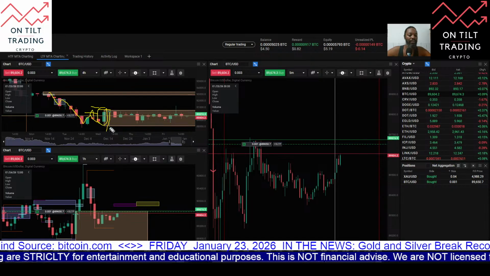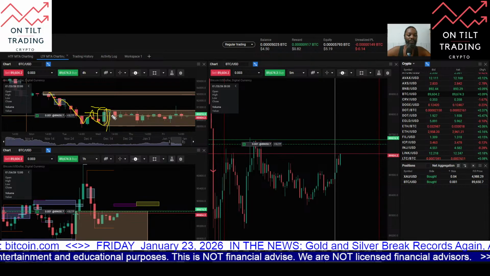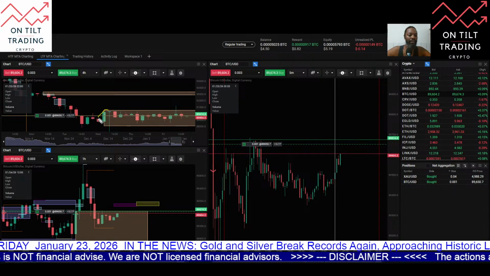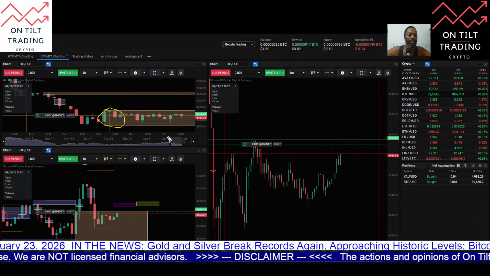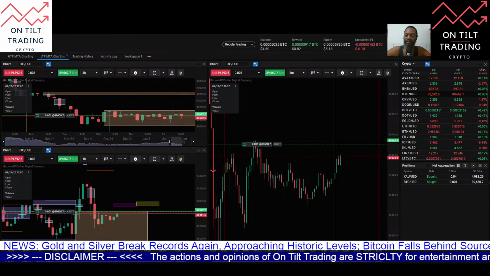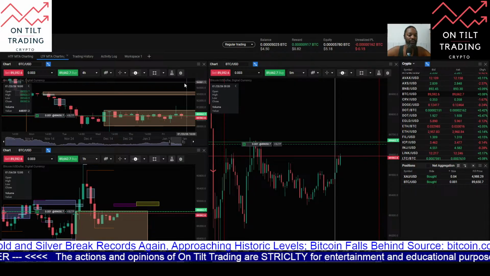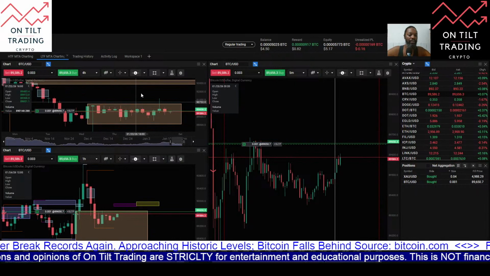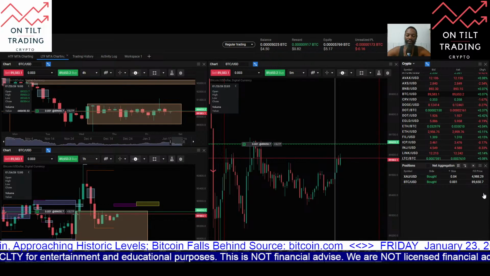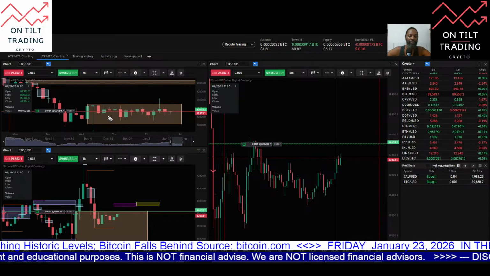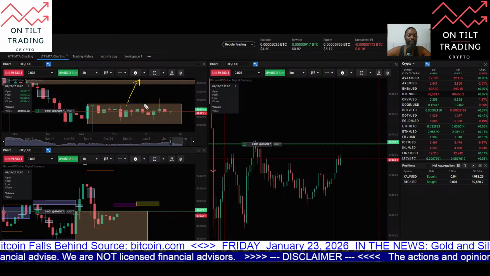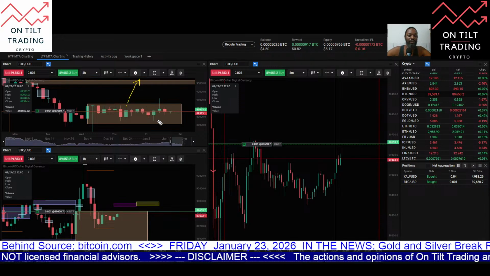Then there's a wick through, but this sets the order block, which until it breaks out of this, I'm not certain what type of order block it will be. But with this body candle close to the buy side, currently I'm anticipating a mitigation block with price action delivering to the buy side with potential continuation.